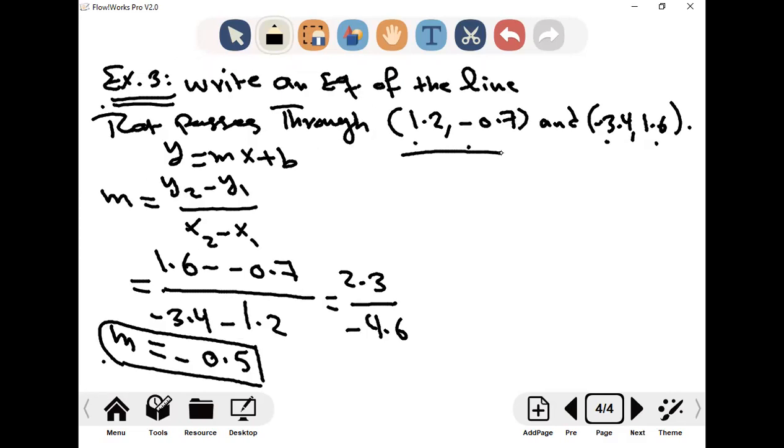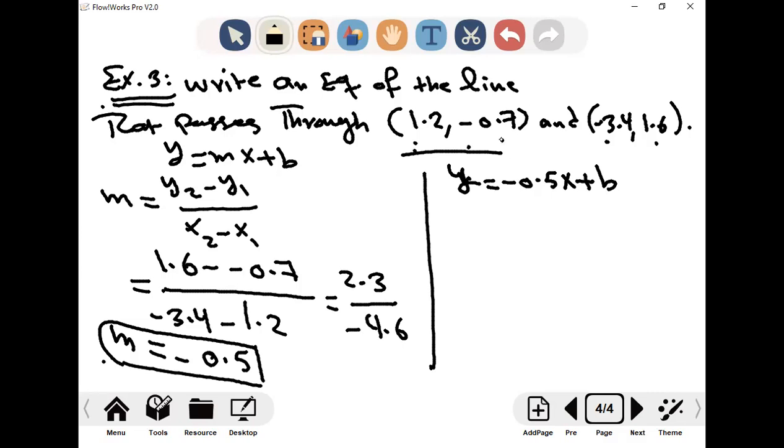The equation, m is given. Replace m and put negative half here. y equals negative half x plus b. Now we can use the first one, we can use the second one. I'll use the first one. This is x, this is y.